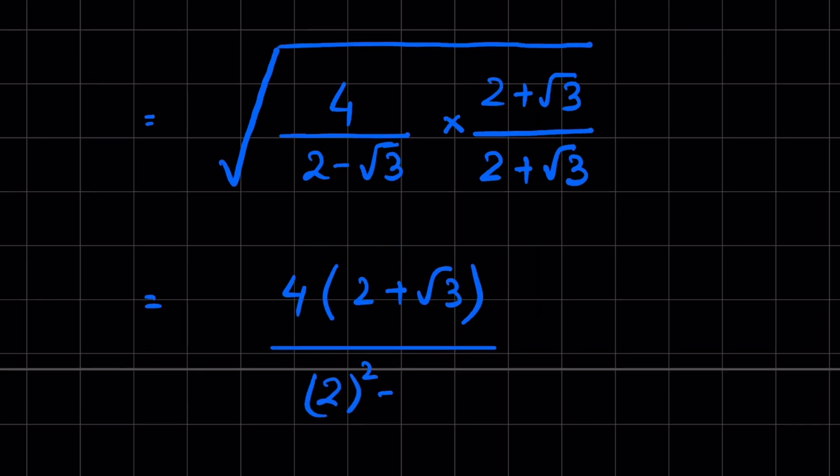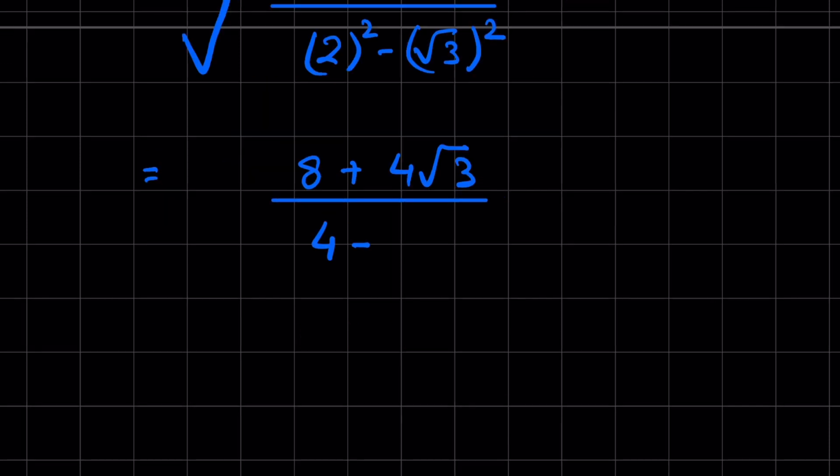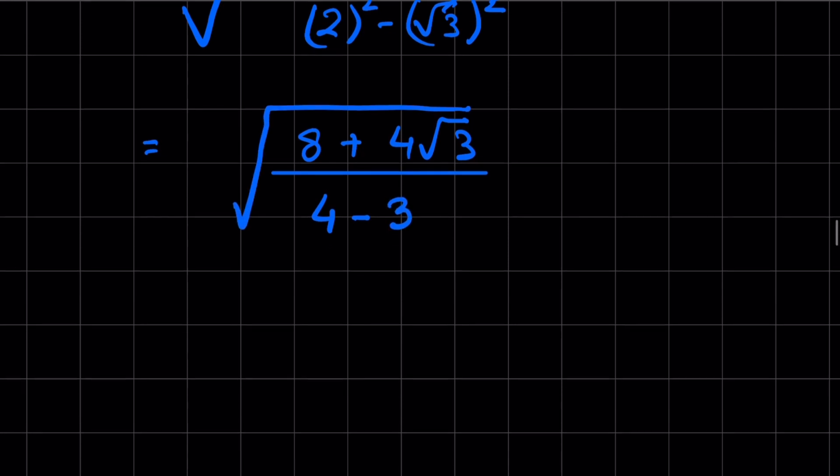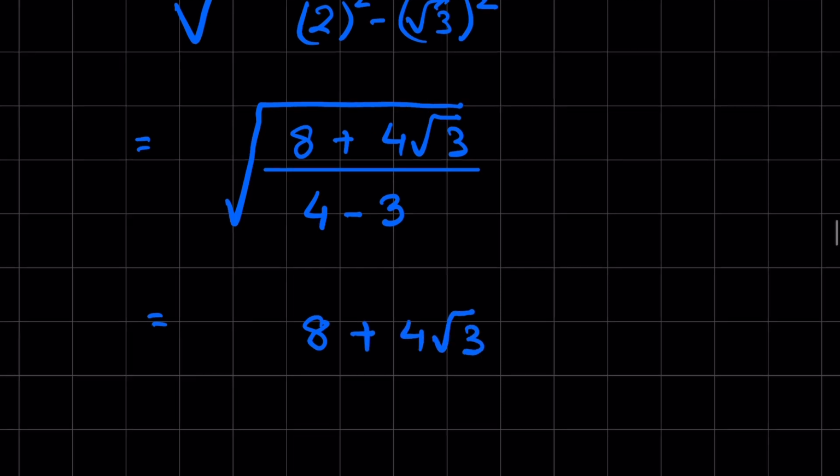So 2 square minus square root of 3 square, under square root. Or 4 times 2 is 8 plus 4 times square root of 3 upon 4 minus, we cancel the square root with the square, so 4 minus 3, under square root.